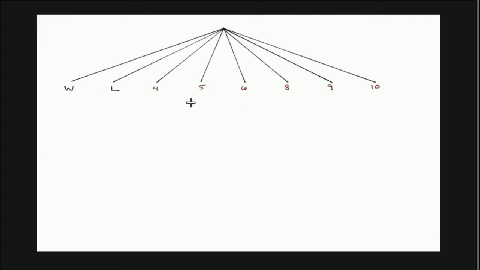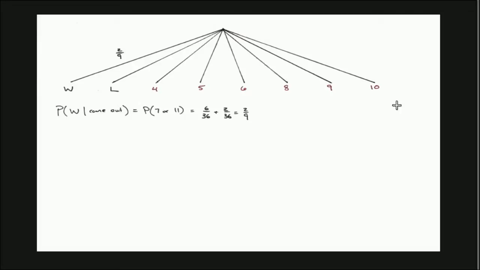On the come out roll, 3 basic things can happen. Either the player is going to win, so we get a W. The player is going to lose, he craps out, so we get an L. Or we get a 4, 5, 6, 8, 9, or 10, and these correspond to the different points that can be established. So either we win, we lose, or we set the point value for each one of those.